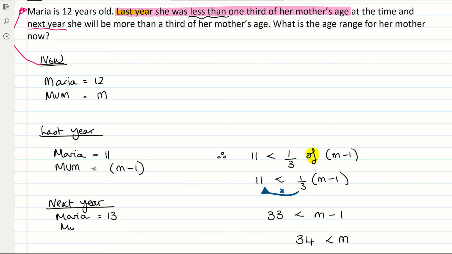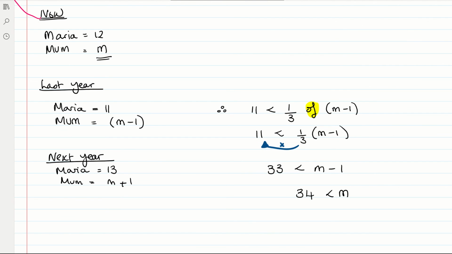Her mum is going to be M now plus 1. And I do have some information about next year. She will be more than 1/3 of her mother's age. So Maria is going to be more than 1/3 of her mother's age.